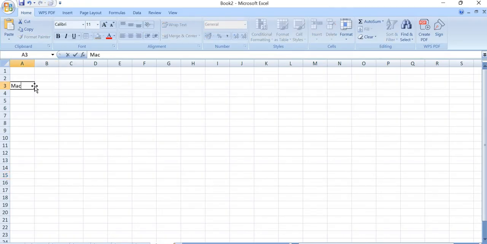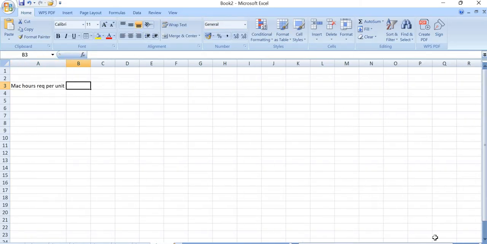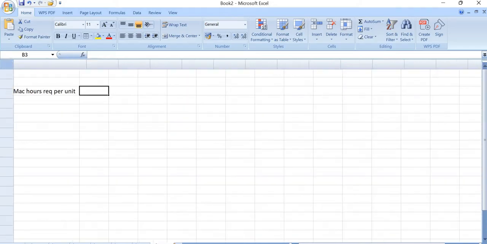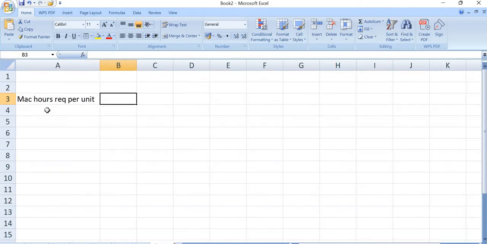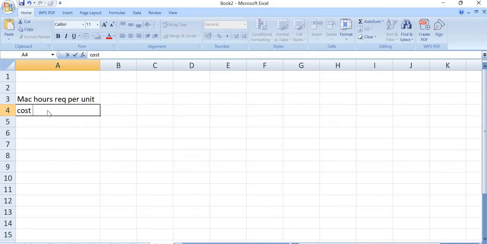Machine hours required per unit. So how will we calculate? We already calculated that. That is cost per unit divided by machine hour rate.